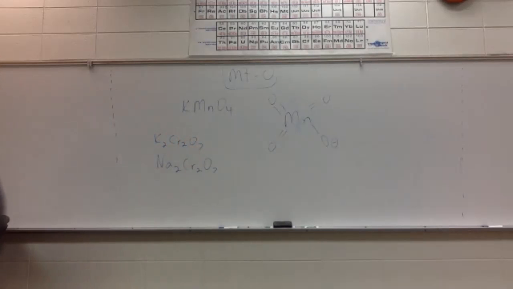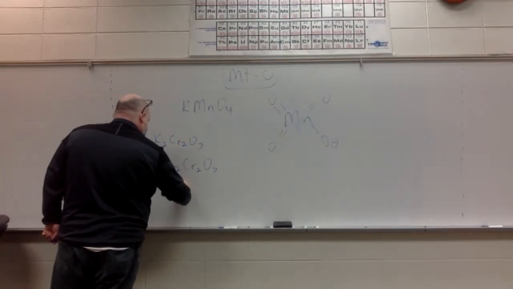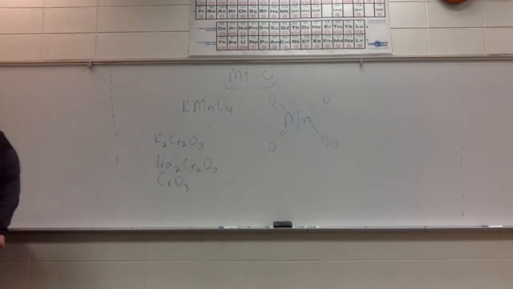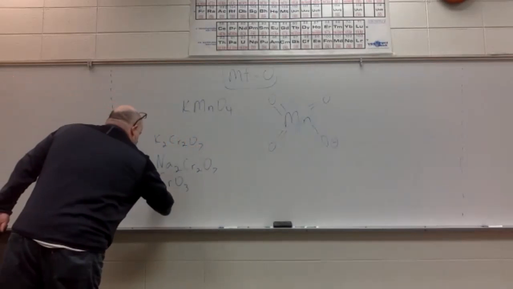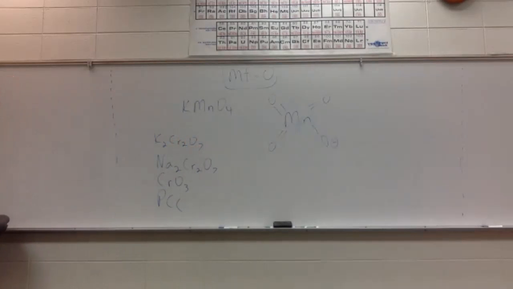Let's see, what else has chromium? CrO3. It's chromium trioxide. There's also another one called pyridinium chlorochromate, but we generally call it PCC for short. So yeah, chromium is used quite a bit in oxidizing applications.